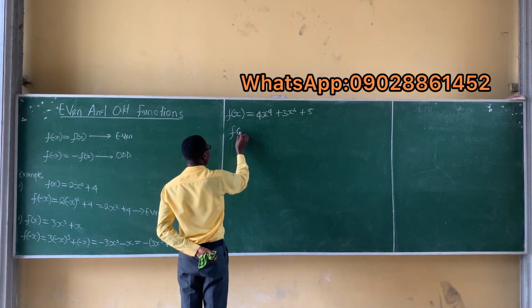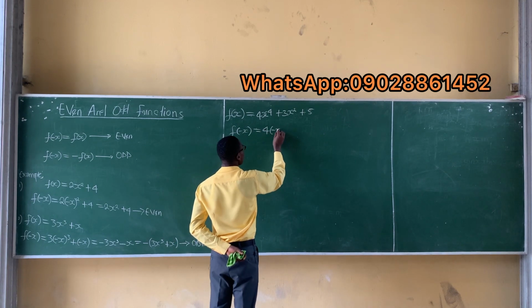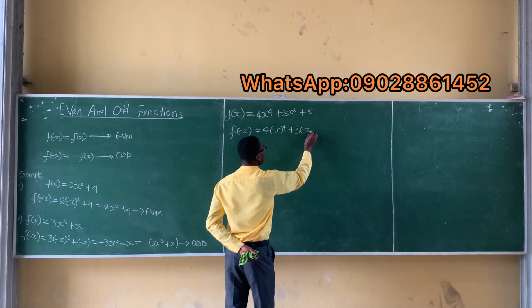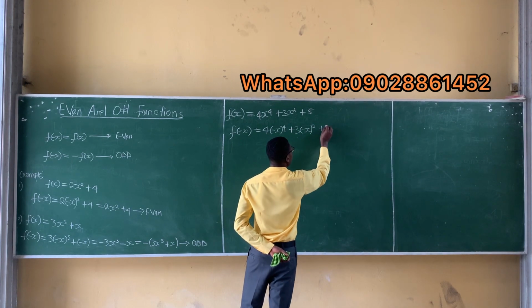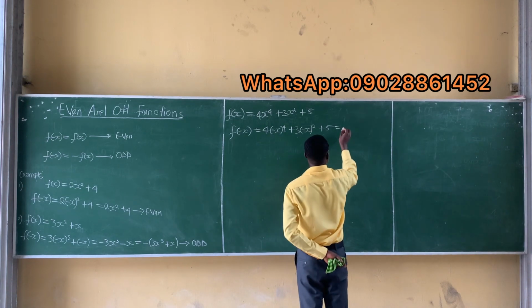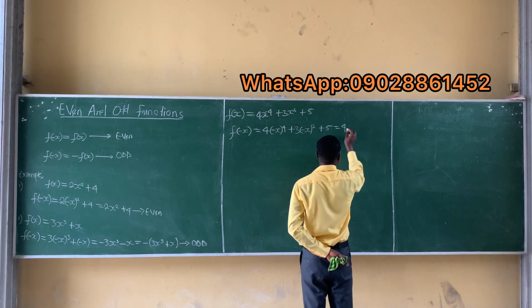Let's say f of minus x will be equal to 4 into minus x to the power of 4 plus 3 into minus x to the power of 2 plus 5. And of course, this will give us 4 minus x to the power of 4 will give us x to the power of 4.